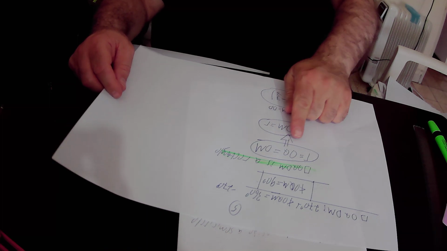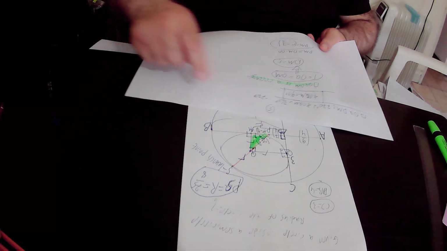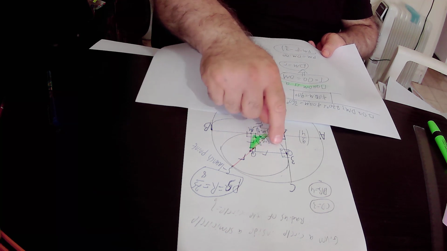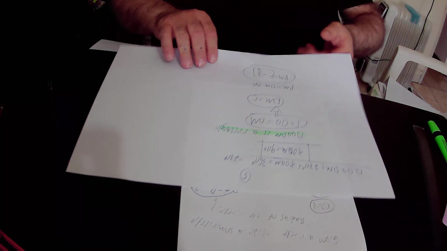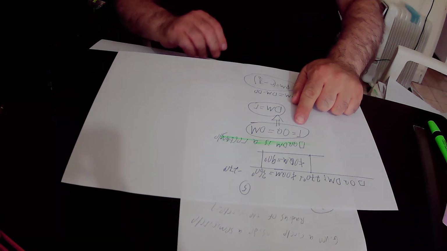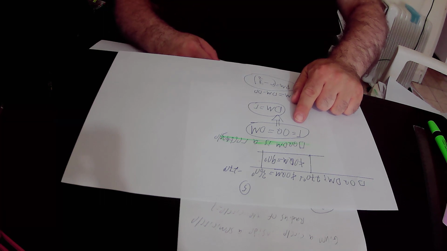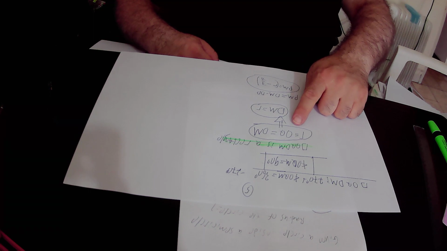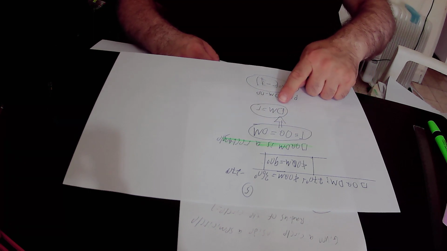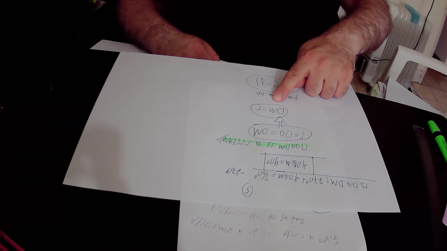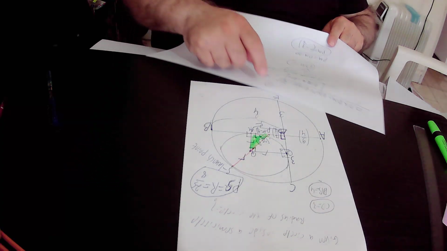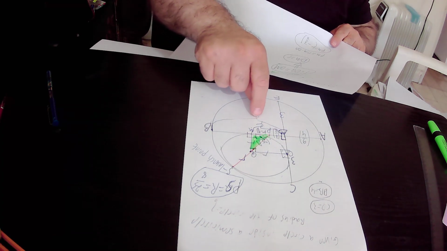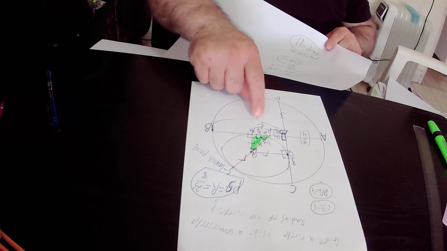But we have already found that OQ equals small r, so we can derive that DM is also equal to small r. Here, DM equals small r, that is the radius of the small circle.